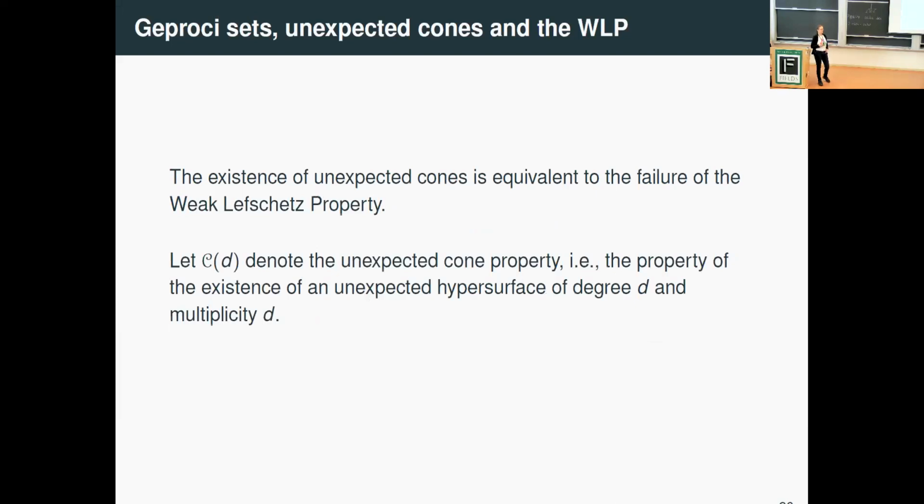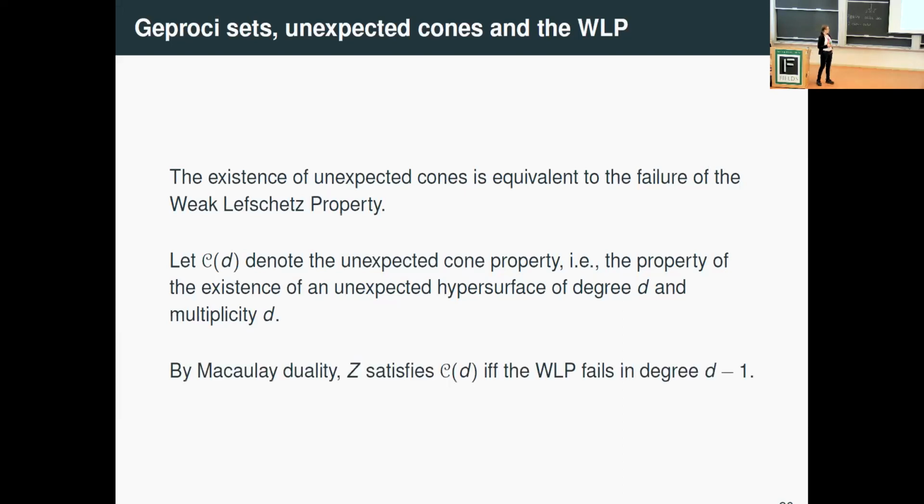So if we denote the unexpected cone property by C(d), so this is the property of the existence of an unexpected hypersurface of degree d and multiplicity, then, by Macaulay duality, set Z satisfies C(d) if and only if the weak Lefschetz property fails in degree d minus 1.